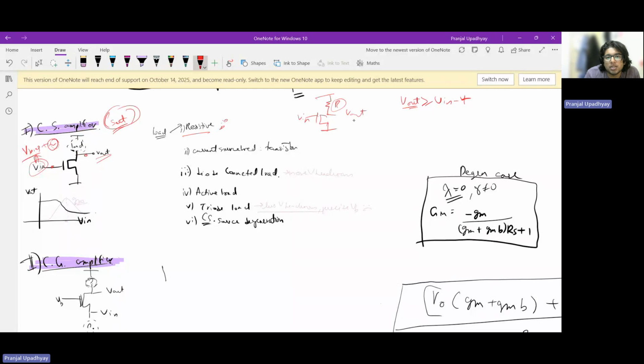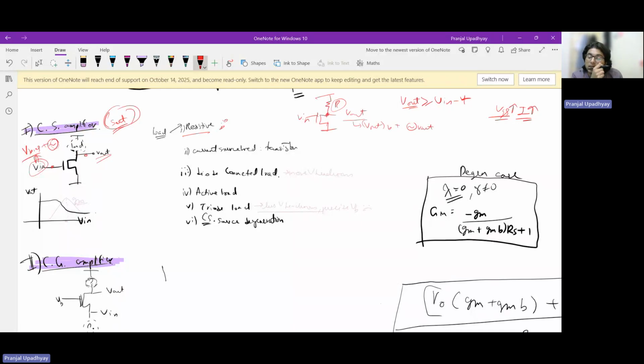But the problem here is that if Vin increases, the current will also increase, right? Because as Vgs or Vin increases, the bias current typically will increase. And I hope you already know that V out is equal to V out bias plus the small signal V out, which is the amplified version of small signal V in.